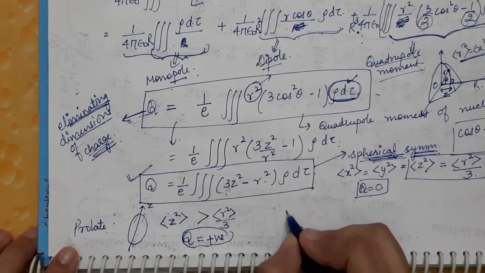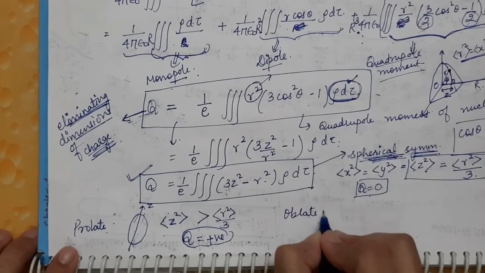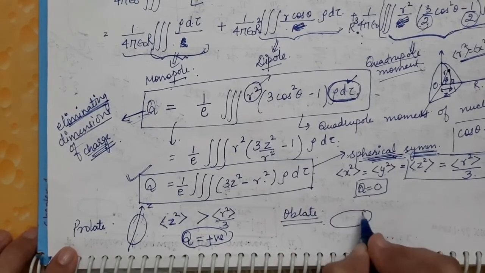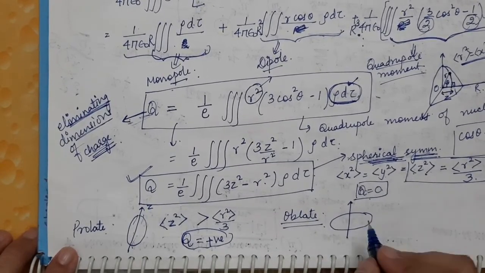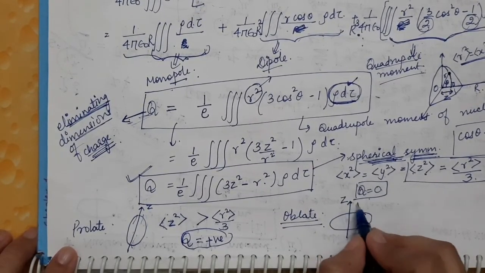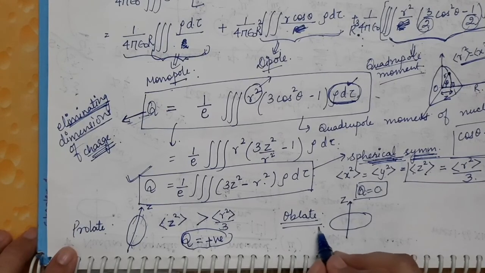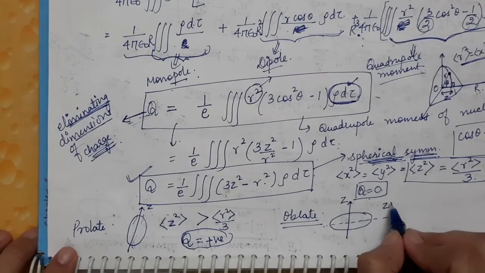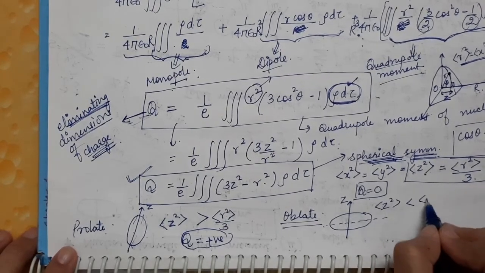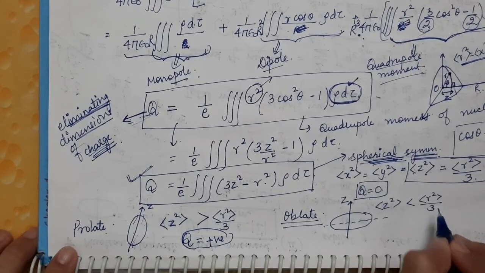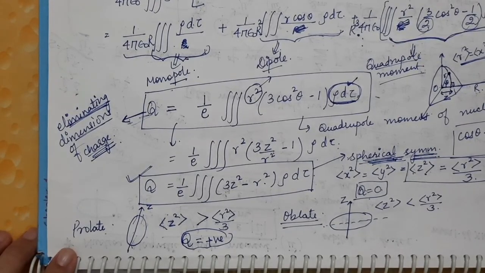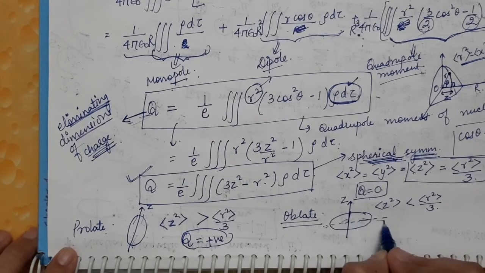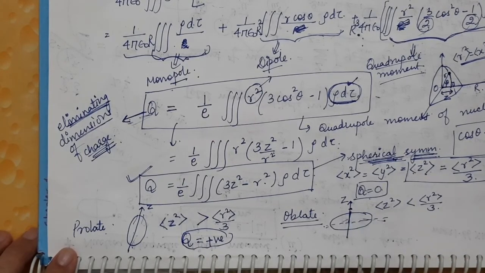On the contrary, for the oblate shape of the nucleus, the oblate shape is in this manner: this is the z-axis, the spin of the nucleus, and the charge is stretched in the perpendicular direction. So in this case, z square will be less than r square divided by 3, since the charge is distributed more along the perpendicular direction as compared to the z direction.